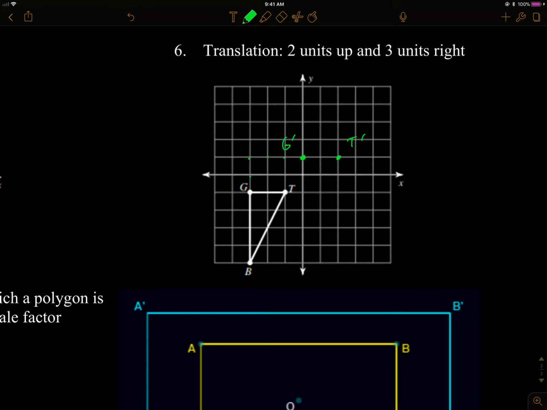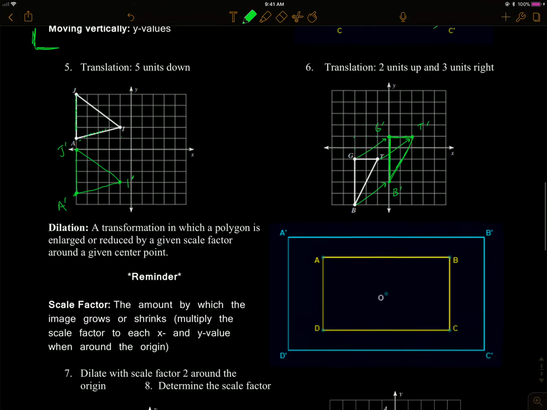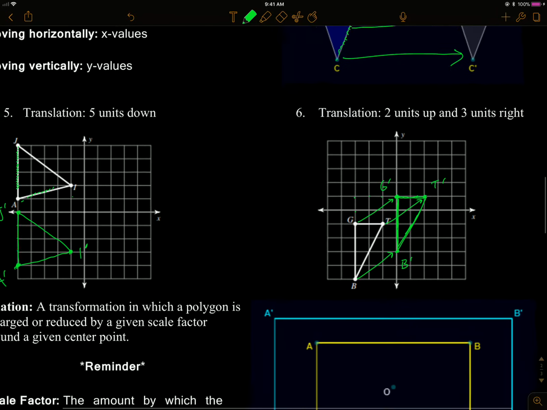There's T prime. B goes 2 up and 3 right. There's B prime. So yeah, this is considered one translation, and it would move by that vector, and we can figure out how far it went if we did the Pythagorean theorem. Just some stuff to remind you of from last year. And that's our new object, G prime, T prime, B prime. All right, so there's a translation. And again, that's a rigid transformation.